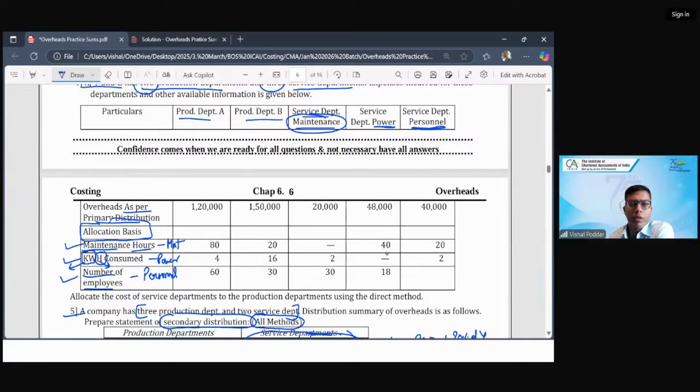Now, pay attention. My question is, what is the original scenario? Whether the scenario is a direct method scenario or a stepladder method scenario or a reciprocal method scenario. So you have to tell me what is the scenario of the given case. Very good, Meenu.